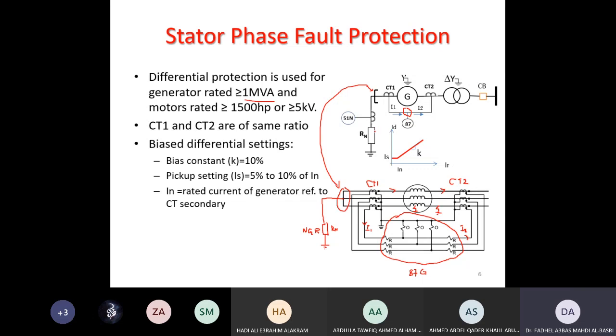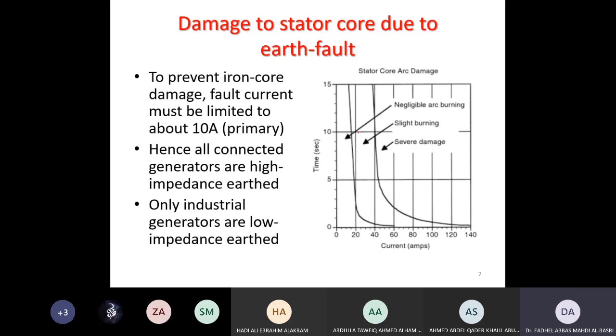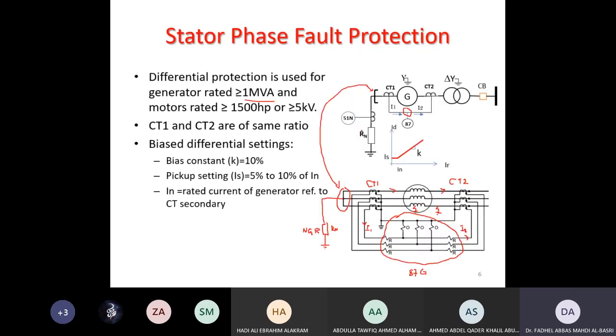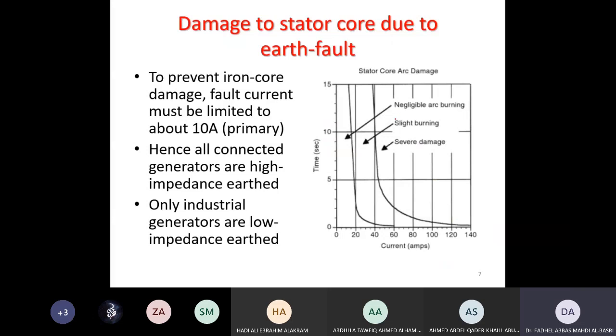Sorry, why do we need the grounding resistance in the first place? Why don't we solidly ground it? It is used to limit the ground fault current. Why do we need to limit the ground fault currents? Because the core of the stator can get damaged quickly at low current.